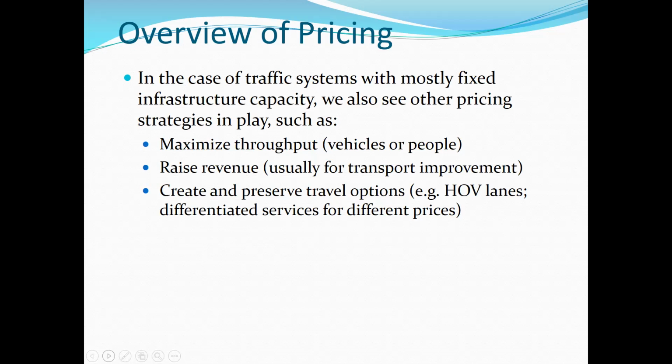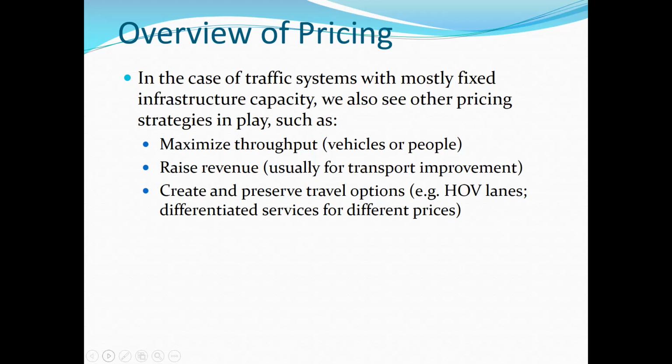And then creating and preserving travel options such as high occupancy vehicle lanes, where you want to incentivize people to drive with more than one person in their cars. So you look at HOV lanes as providing that kind of option. That's kind of like a pricing.